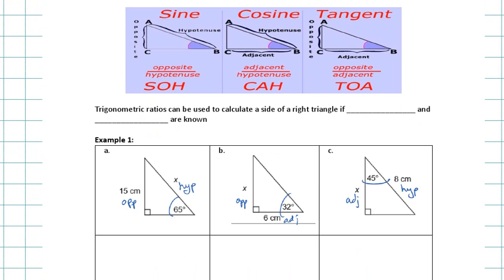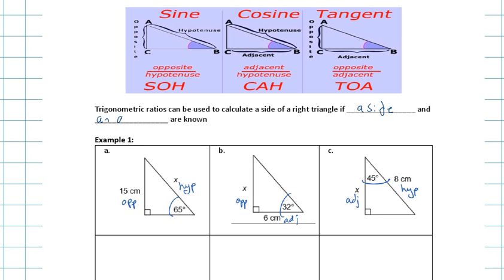So trigonometric ratios can be used to calculate a side of a right triangle if a side and an angle are known.